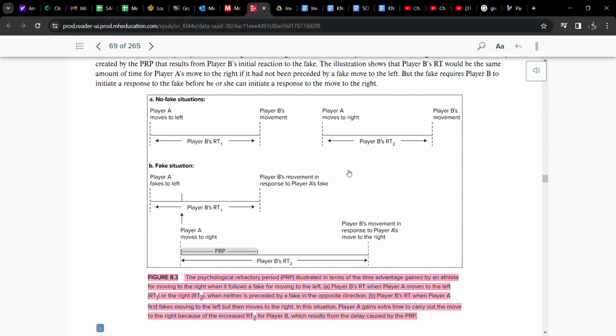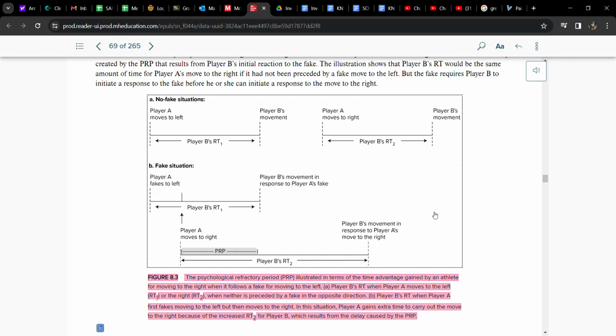So this figure 8.3 is just denoting that psychological refractory period. You can see how the first player, the offensive player, will fake, and then it requires this much more time in order to actually get to the point where you're going to start reacting to the second move.